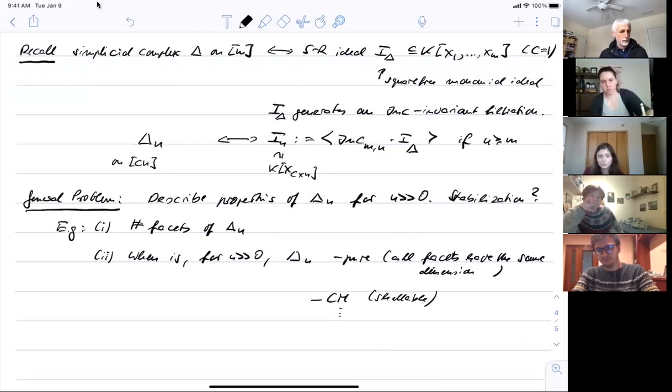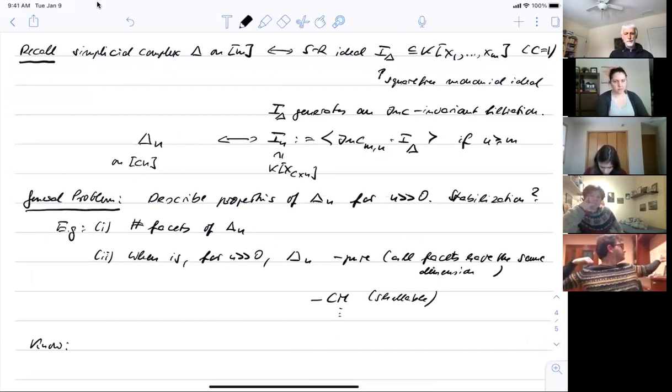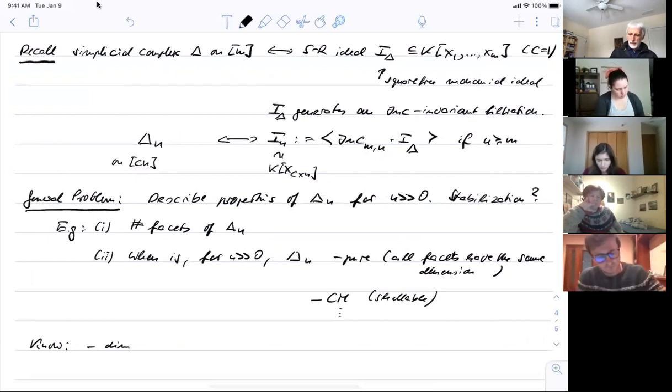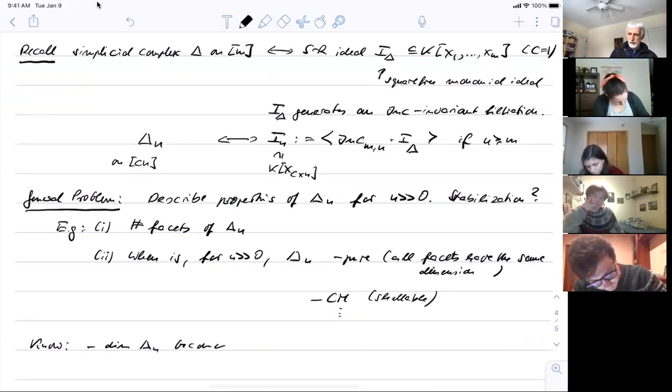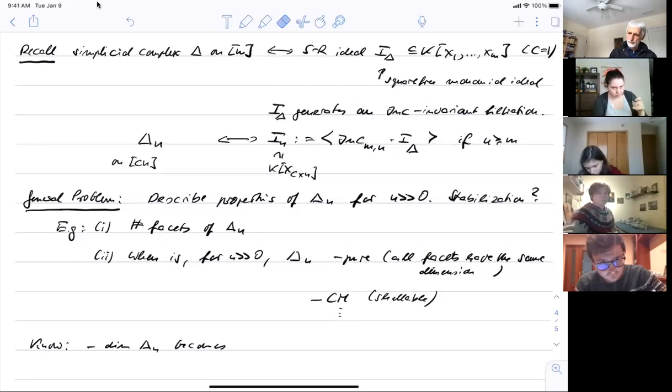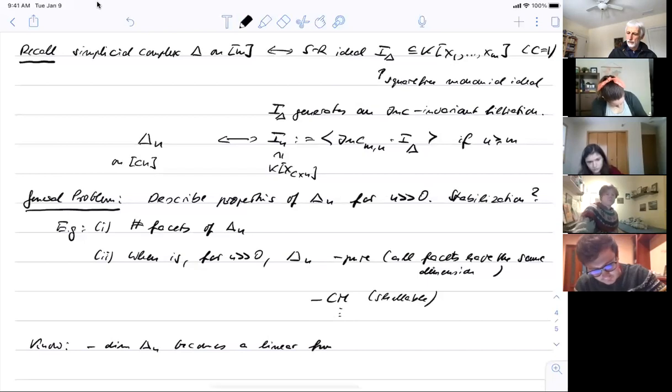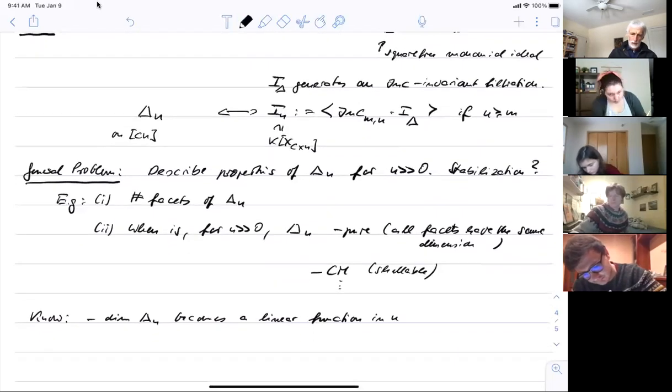Well, let's hold off a little bit. Let me recall what we know already: the dimension of these simplicial complexes becomes a linear function in N eventually, and the degree of these ideals becomes an exponential function.